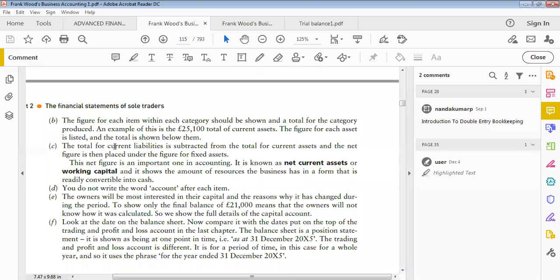The total for this net figure is an important one in accounting. It is known as what? Net current assets, or working capital, and it shows the amount of resources the business has in a form that is readily convertible into cash.